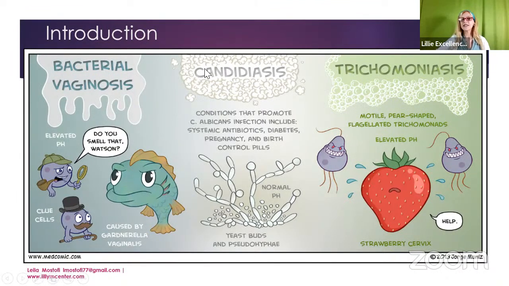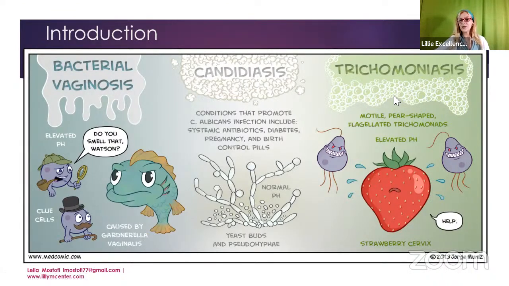And here there is candidiasis. The conditions that promote Candida albicans infection include systemic antibiotics, diabetes, pregnancy, and birth control pills. As you see, this is the normal pH, and you will see the yeast, buds, and pseudohyphae are available here.